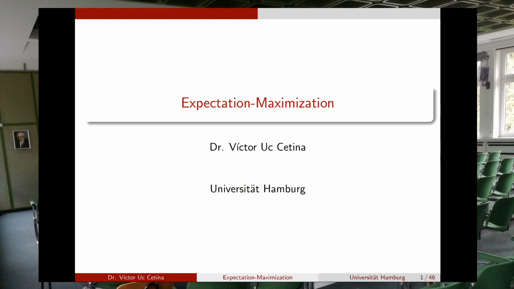Hello, in this presentation we are going to talk about algorithms for unsupervised learning, and especially about a method which is called expectation maximization, which is used for estimating the parameters of probability distributions, especially when some of the random variables involved in these probability distributions are hidden or latent.